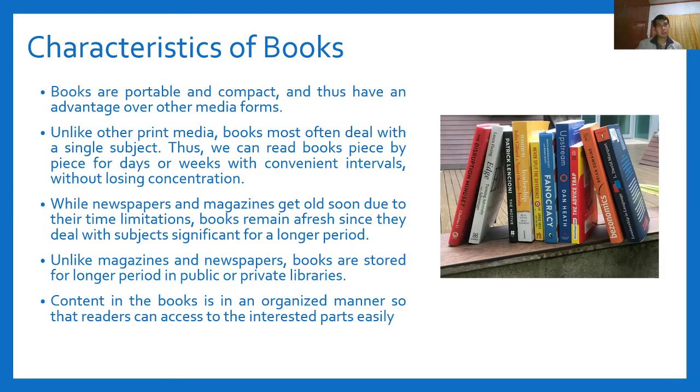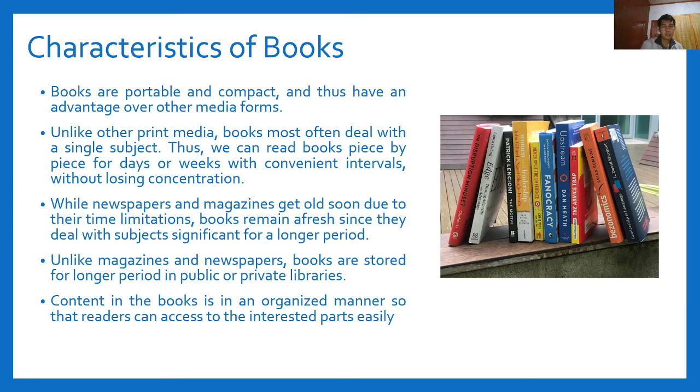Now, for the characteristics of books, there are a lot. But the common thing that you could use to determine whether it's a book is that books deal with a single subject. And books remain fresh since they deal with subjects significant for a longer period, unlike newspapers and magazines.